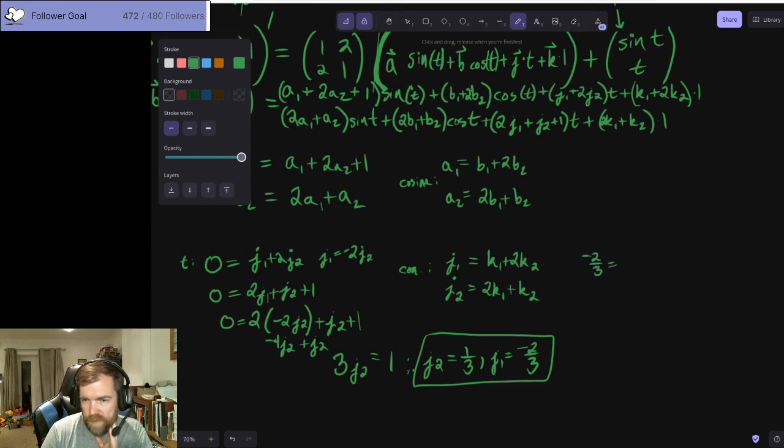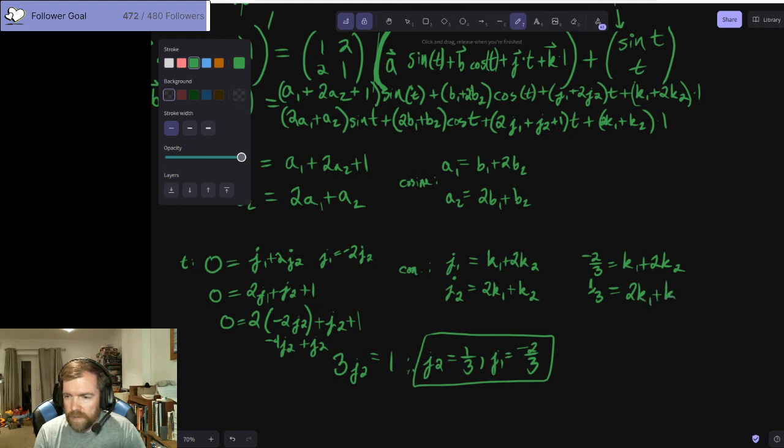Negative 2/3 is going to be equal to K1 plus 2K2. And J2 was 1/3, equal to 2K1 plus K2.